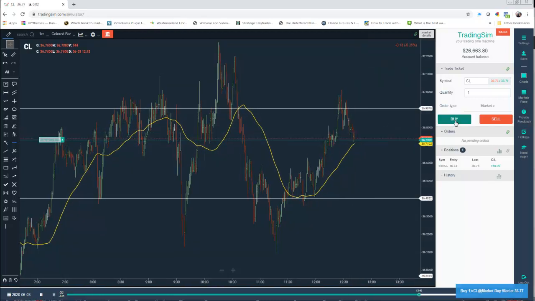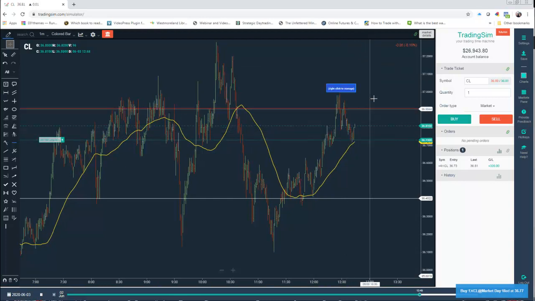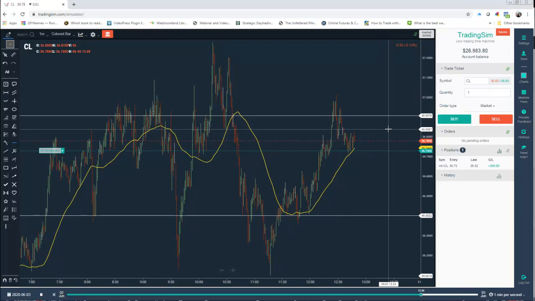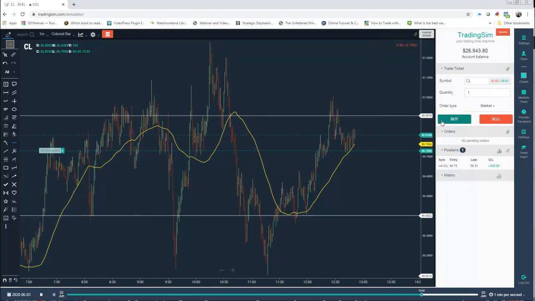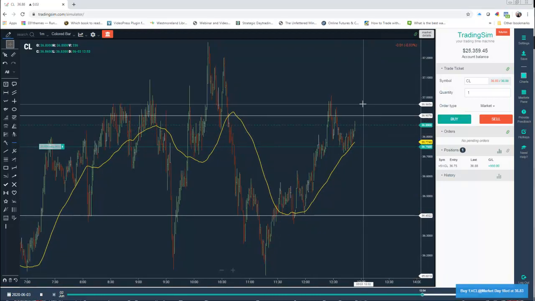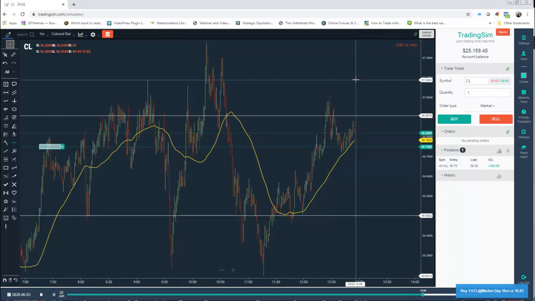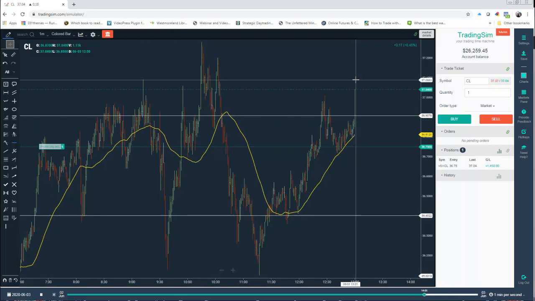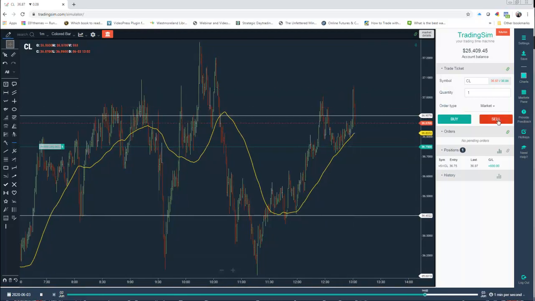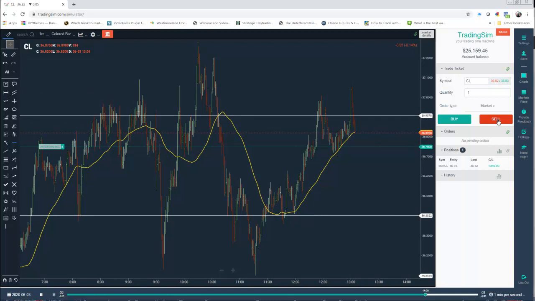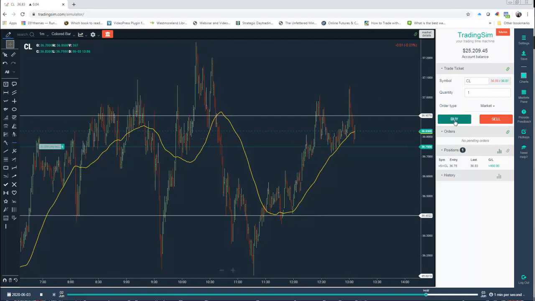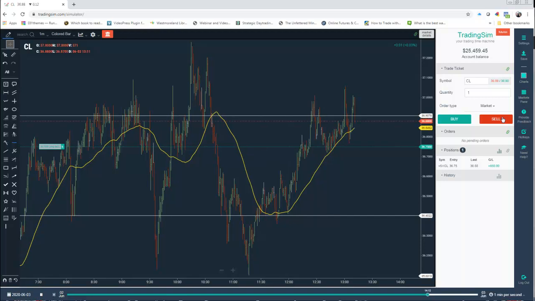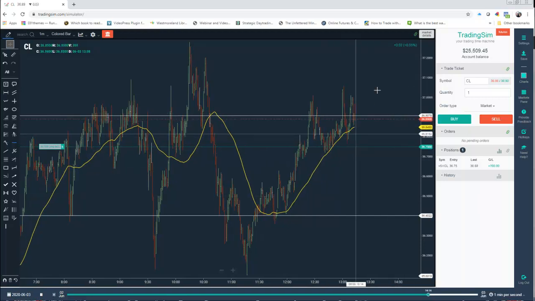I want to buy right in here. This is just accumulation right here. Still angling up.